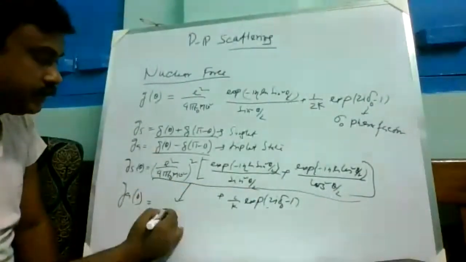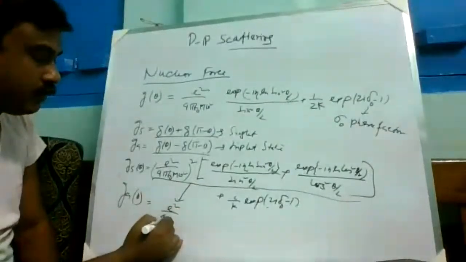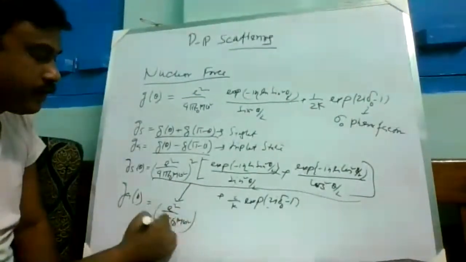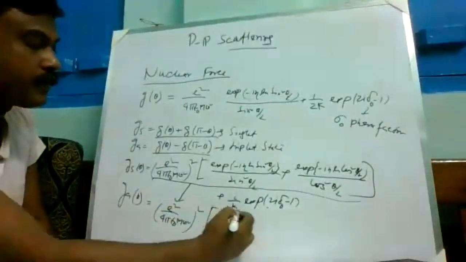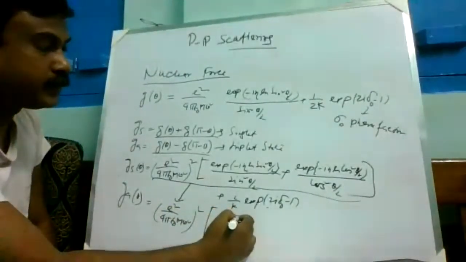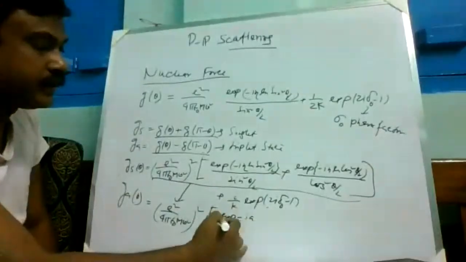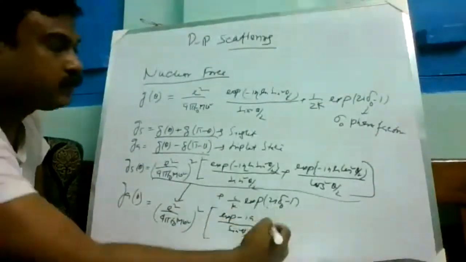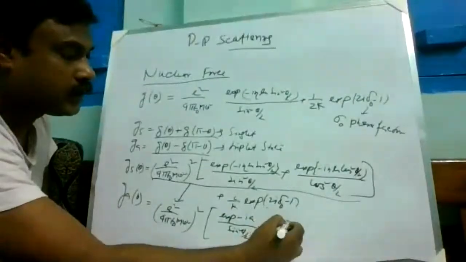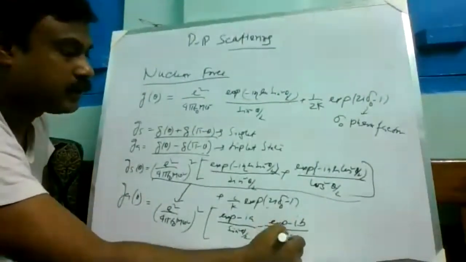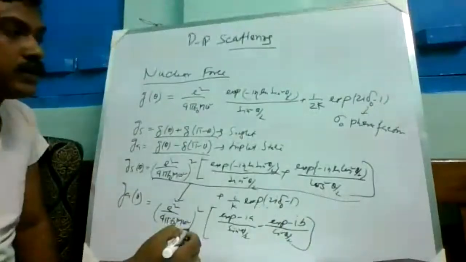So this will be e² by 4πε₀ times exponential minus iA by sin²(θ/2) minus exponential minus iB by cos²(θ/2).